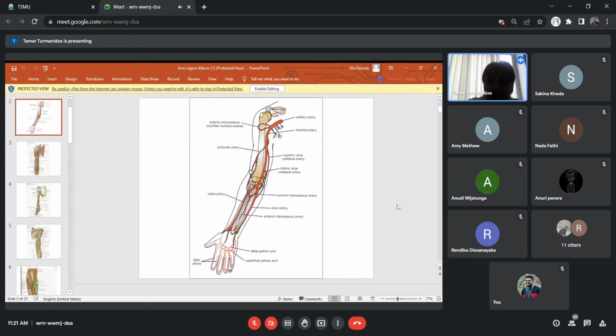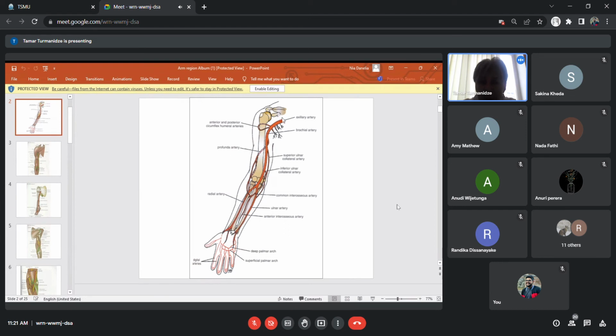which are formed between the recurrent and collateral branches of the brachial artery at the level of the elbow, must be known during ligation of the brachial artery. So the brachial artery must not be ligated above the exit of the deep profunda artery.